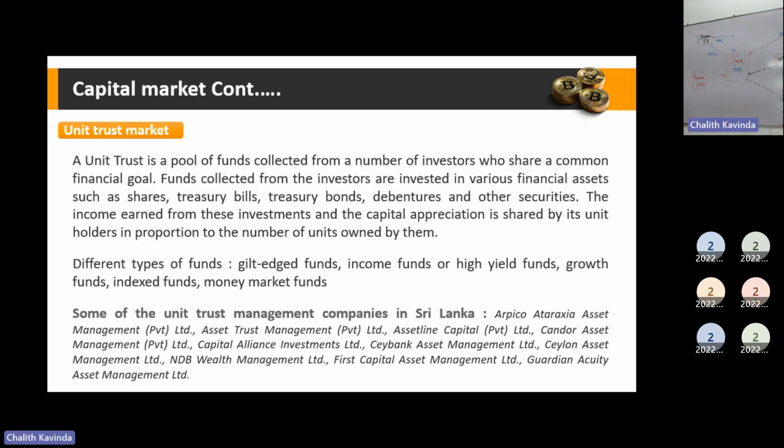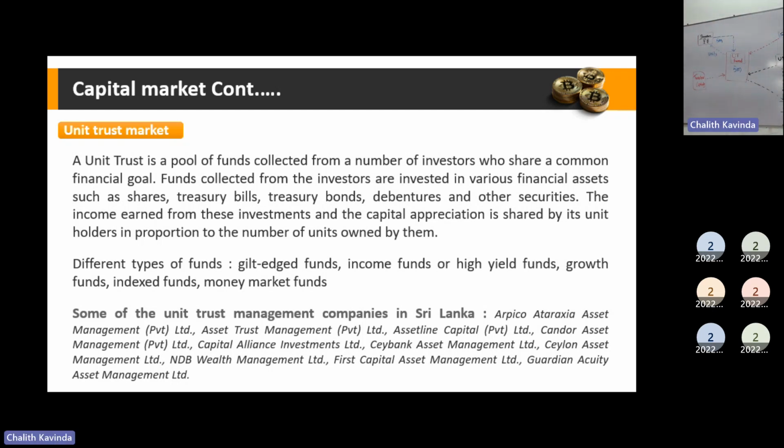Here, if you look at the lecture material, it says a unit trust is a pool of funds collected from a number of investors who share a common financial goal. What could be their financial goal? To obtain a return.